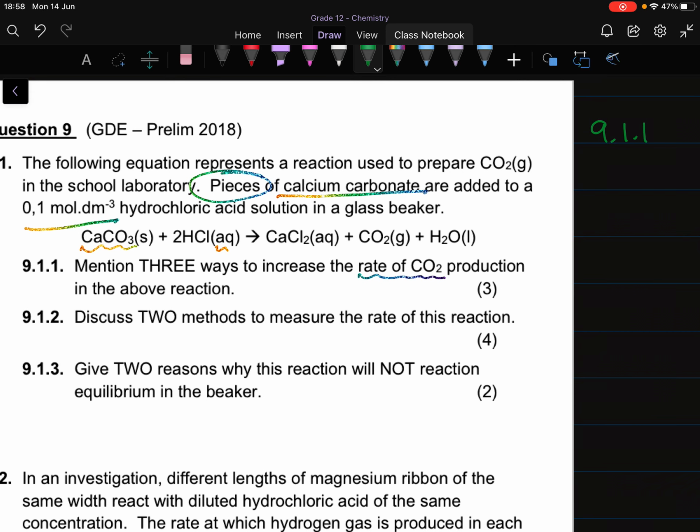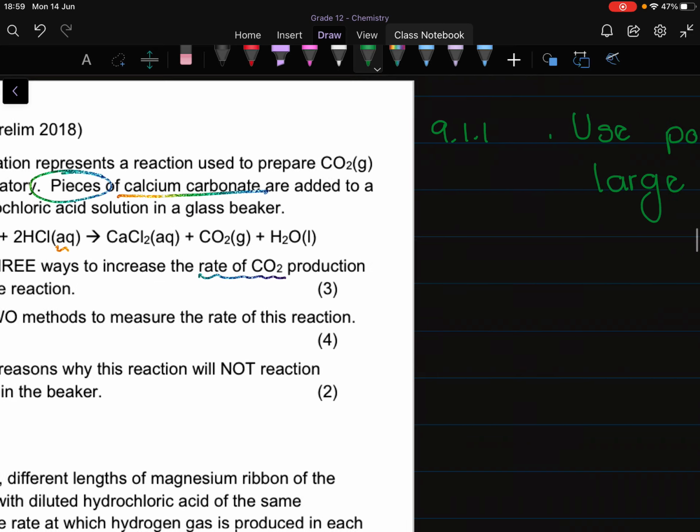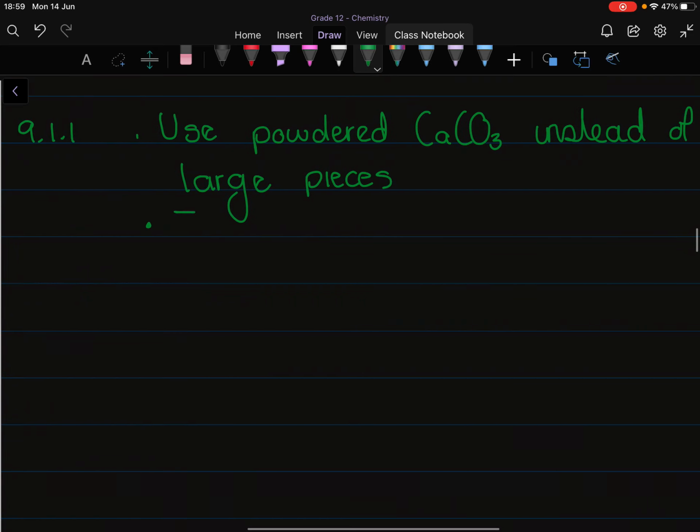We also have an acid, which means it's going to have a concentration. All right, so we could increase the HCl concentration, and we can write it like that. The next two are fairly straightforward.